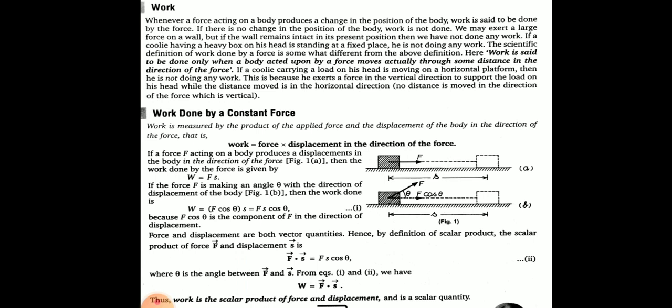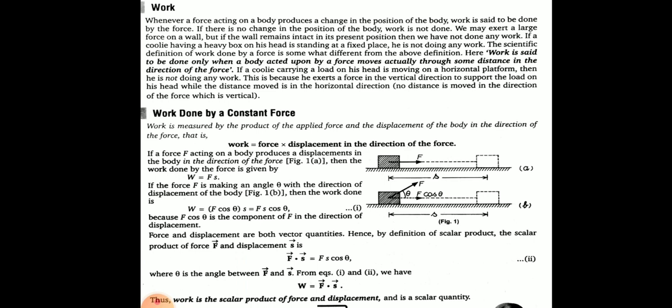The definition of work says that work is equal to force into displacement in the direction of force, or displacement into the component of force in the direction of displacement. So here the component of force in the direction of displacement is F cos theta. So work is Fs cos theta.